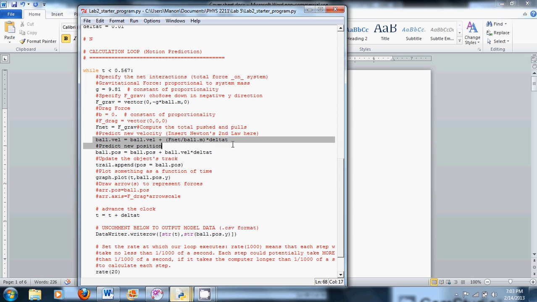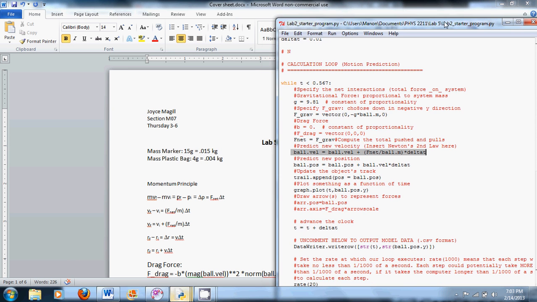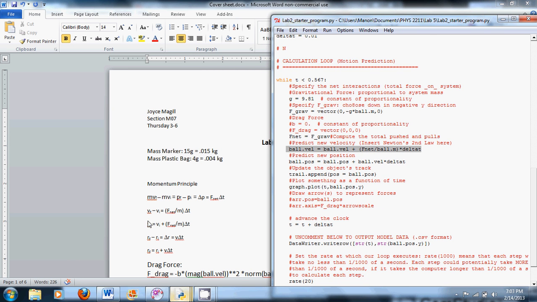So here we use this equation, which is derived from the momentum principle: the final velocity of the ball equals the initial velocity plus the net force divided by the mass times delta t. And then the position vector comes from this equation here: final position equals initial position plus the velocity of the ball times delta t.